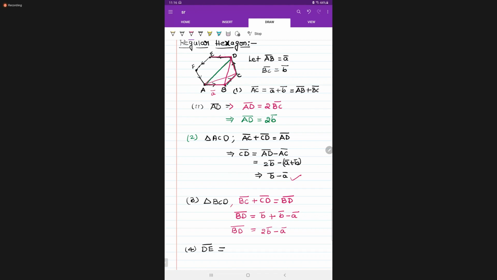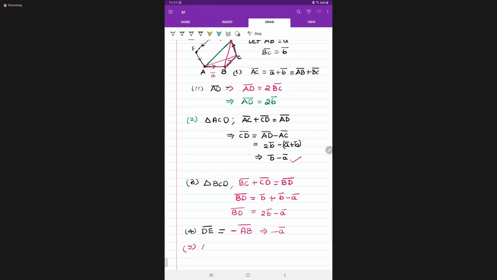DE bar is parallel to AB bar. We can write it as minus AB bar. Understood, all of you? Negative of a vector has the same magnitude but opposite direction. Correct? Minus A bar, ma'am.